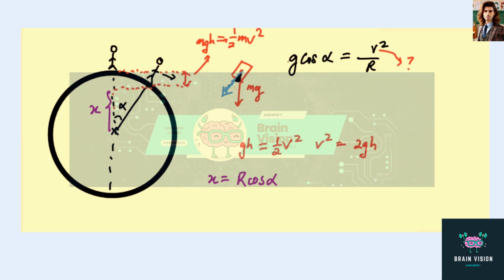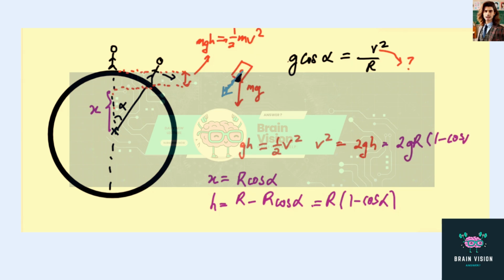So h will be r minus r cosine alpha, which is r times 1 minus cosine alpha. Substituting that in, we get v squared equals 2g r times 1 minus cosine alpha.